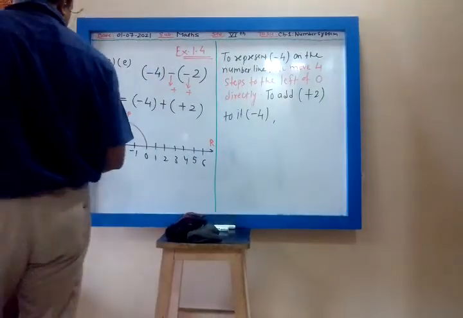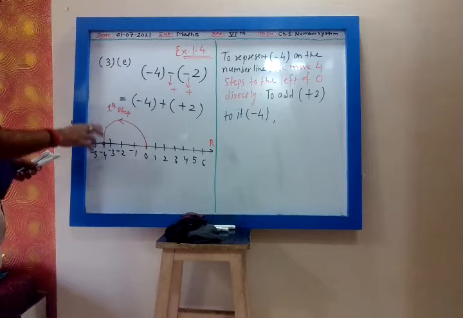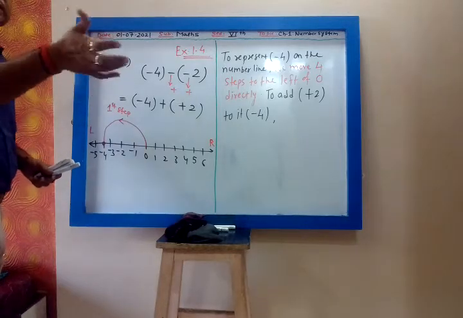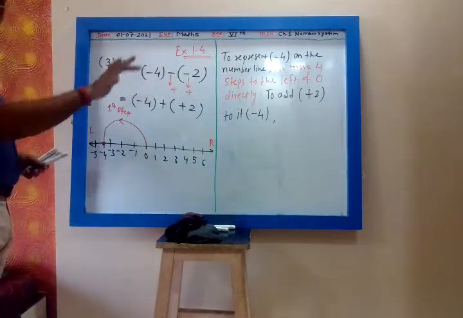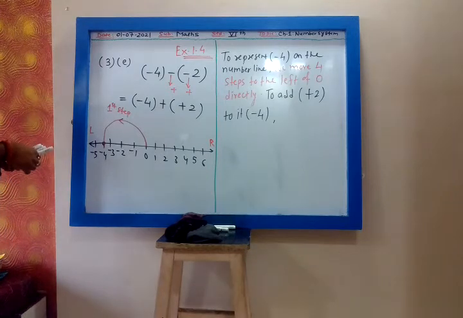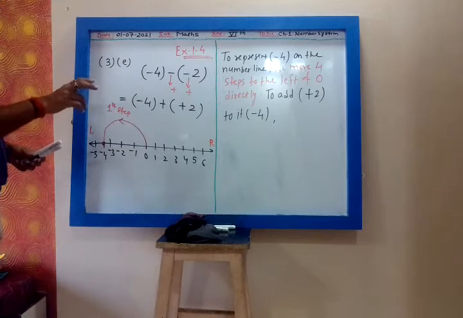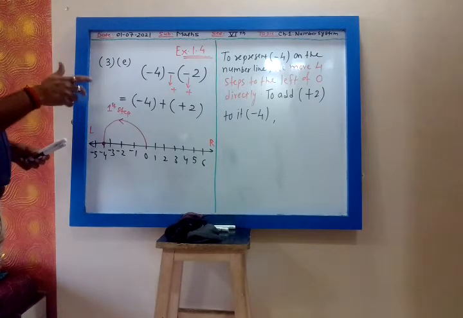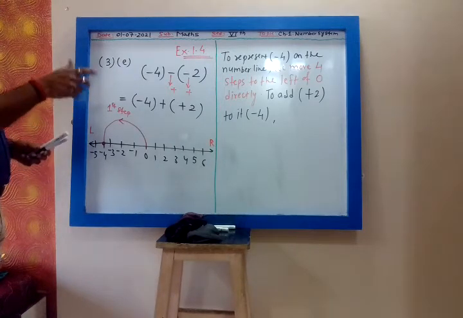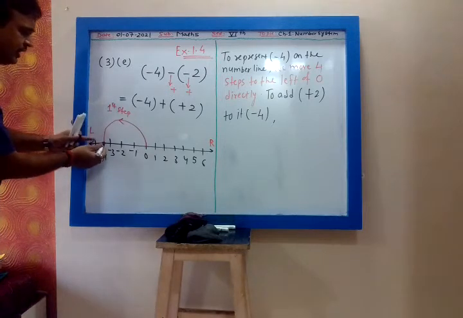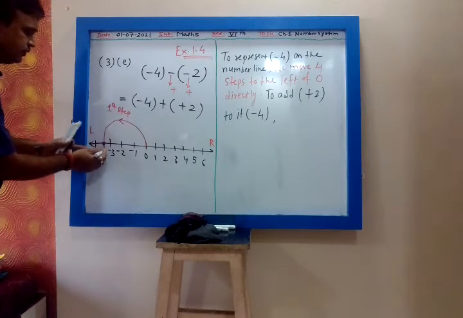Now first you have to move, then you have to jump. So move is over. Now I have to jump. Now to add plus 2 to it, I will make a jump of 2 steps to the right of minus 4.